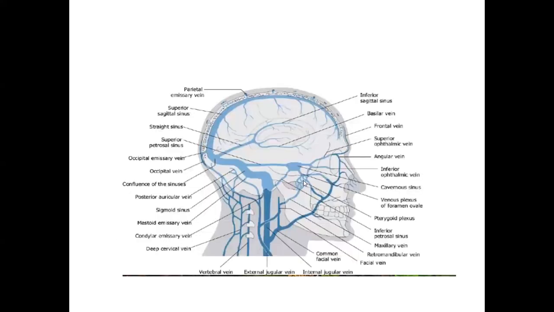So coming to this diagram, which shows venous drainage of the skull and brain. This is a cavernous sinus, which receives the tributaries from superior ophthalmic vein, inferior ophthalmic vein, and posteriorly it drains into two parts, that is superior petrosal sinus, which in turn drains into transverse sinus, and inferiorly inferior petrosal sinus, which in turn drains into sigmoid sinus, which in turn drains into internal jugular vein.